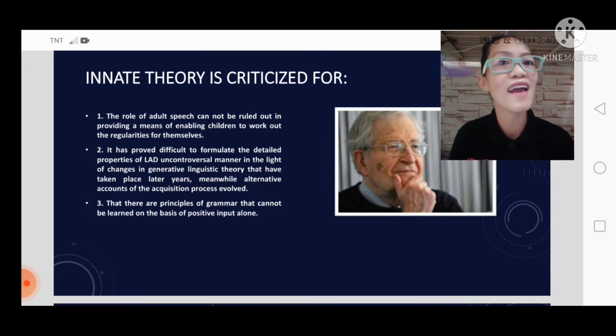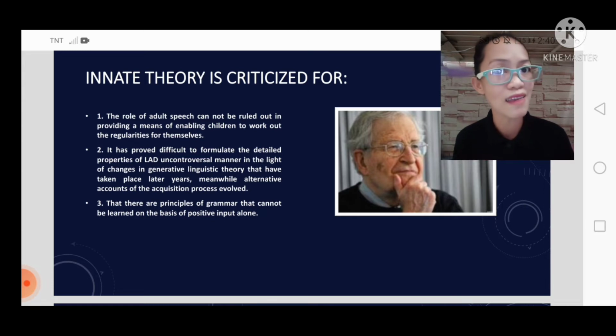So here, the innate theory is criticized for, number one, the role of adult speech cannot be ruled out in providing a means of enabling children to work out the regularities for themselves. Number two, it has proved difficult to formulate the detailed properties of the LAD, and controversial, in light of changes in generative linguistic theory that have taken place in later years.